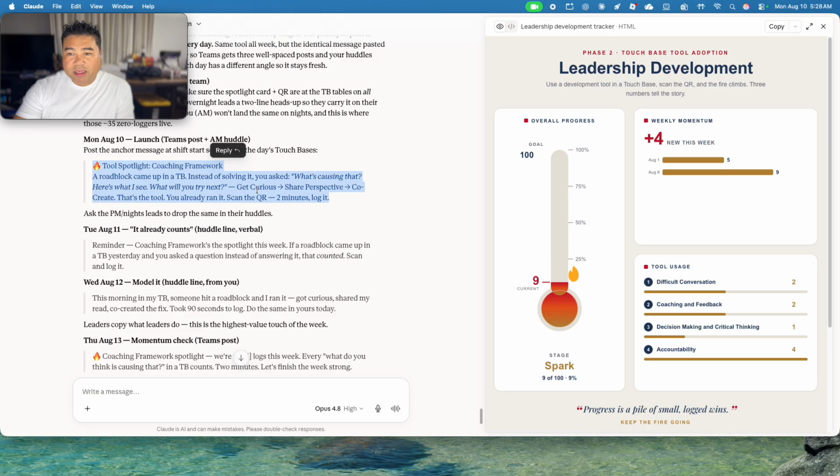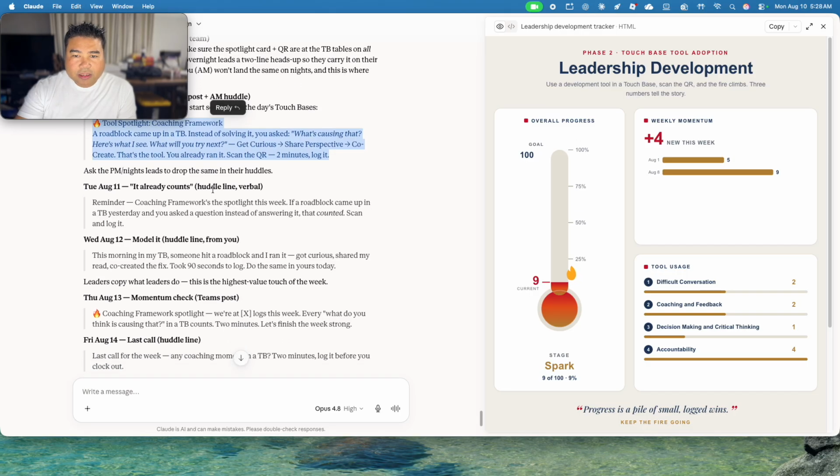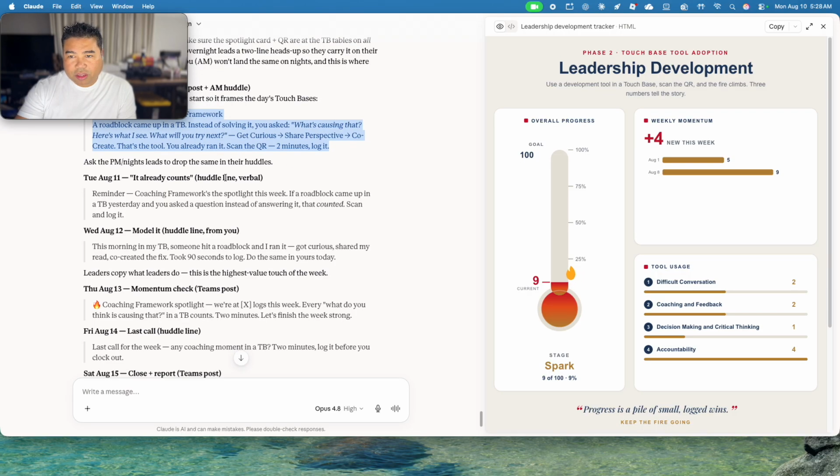Essentially, it's about being curious, sharing perspective, and then co-creating, because that's the three-part coaching framework. So it's telling you to share this in Teams. That's not a big concern. I can probably put this into Teams sometime today, just as a nugget, and then ask the PM nights leads to drop the same in their huddle. Just a nice gentle reminder. I'll probably do that later today.